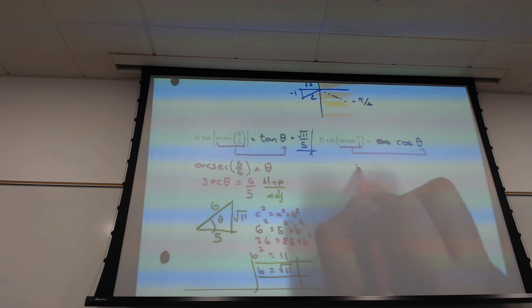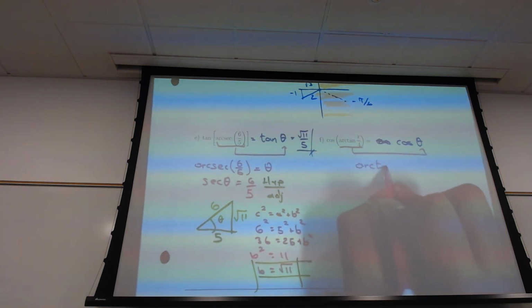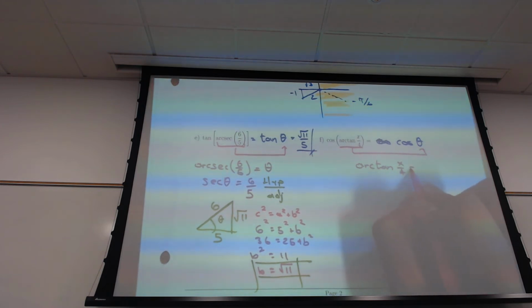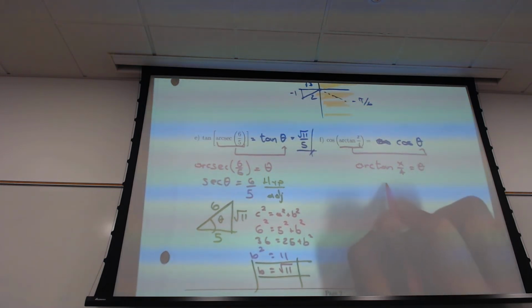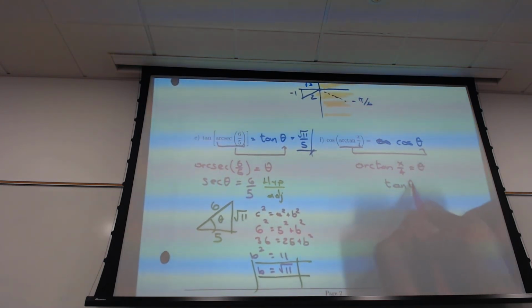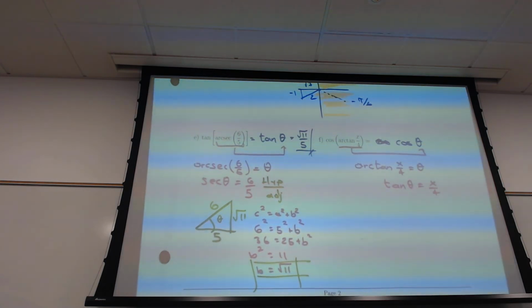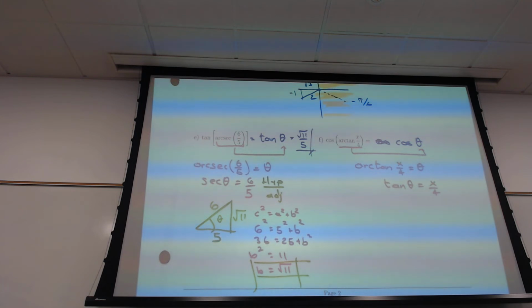That is arctan of x over 4 equals theta, which means that tangent theta equals x over 4. And we're going to use this mini equation to construct a right triangle and find the missing side, just the same way we did before.